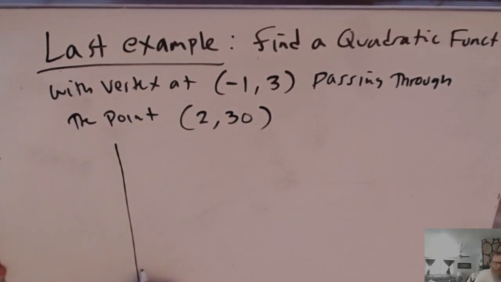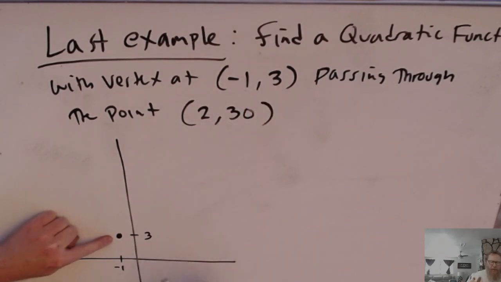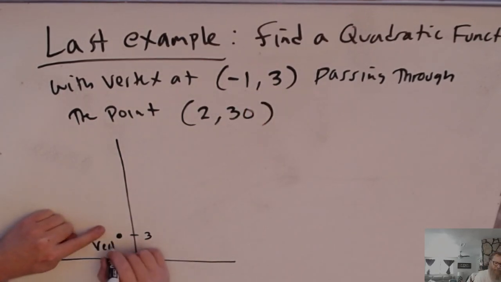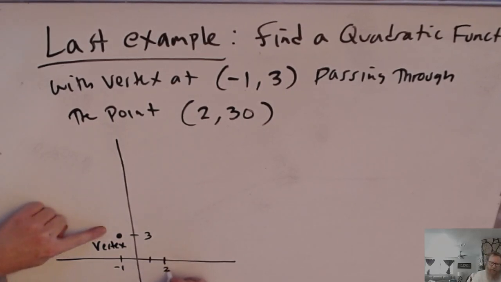So I give you sort of a description of the parabola. Just a rough sketch of what it looks like. That's the vertex at -1, 3. And then it's passing through the point 2.